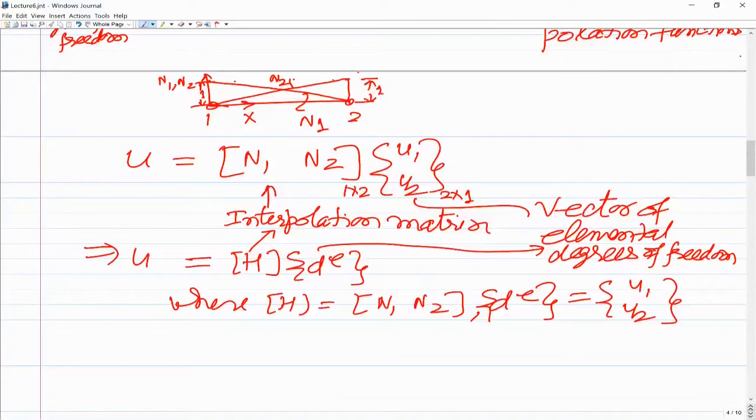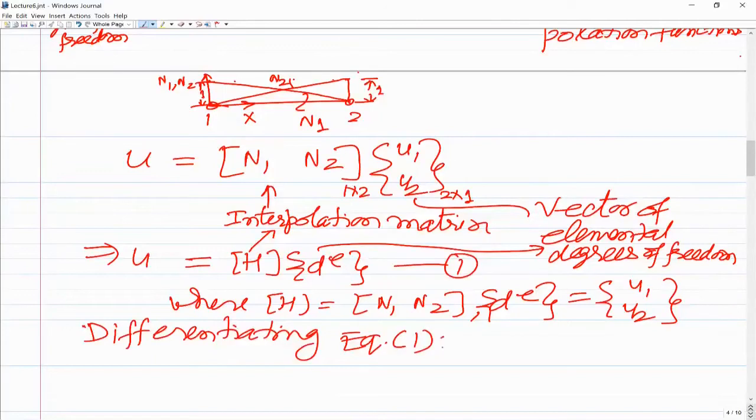Ultimately we have to substitute this approximate solution in the integral functional, so we need the derivative of u. Let me call this equation 1. So we differentiate equation 1. What do we get? du by dx is equal to dh by dx into u1 u2, which is actually d e.